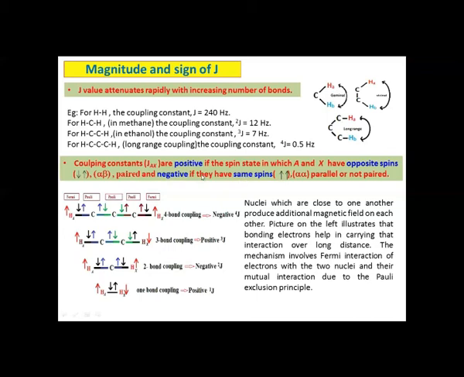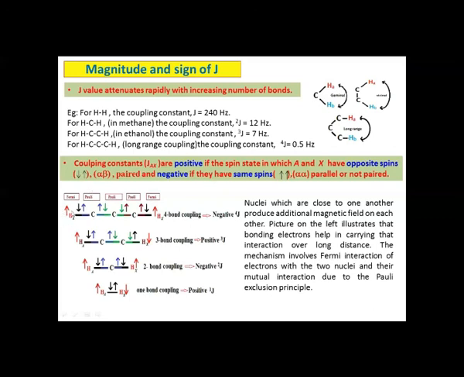and the J value remains negative if they have the same spins. We know the nuclei which are close to one another will produce an additional magnetic field on each other. The picture on the left illustrates that the bonding electrons help in carrying that interaction over a longer distance. The mechanism here involves the Fermi interaction of the electrons with the two nuclei and their mutual interactions due to Pauli's exclusion principle.